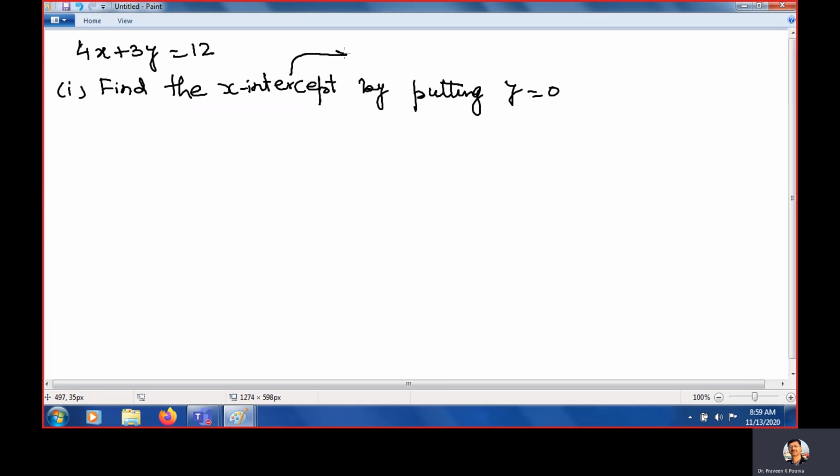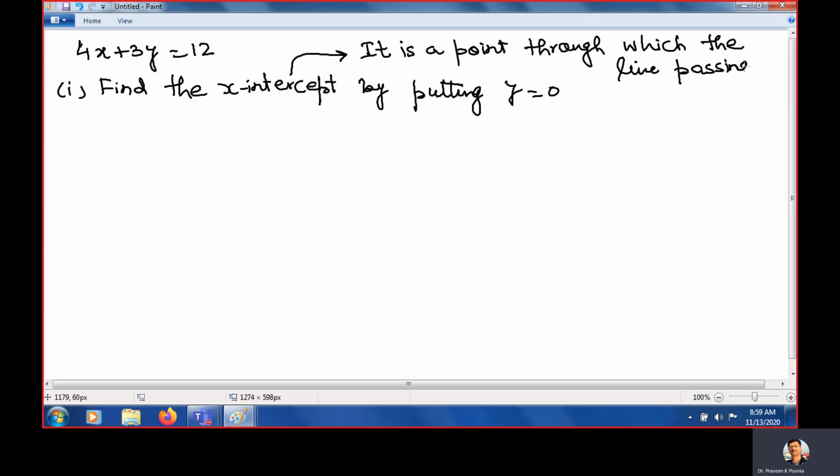What is the x intercept? The x intercept is a point through which the line is passing on the x-axis.